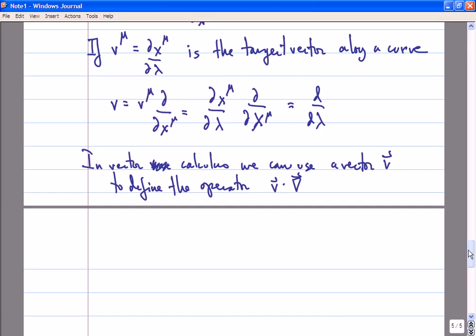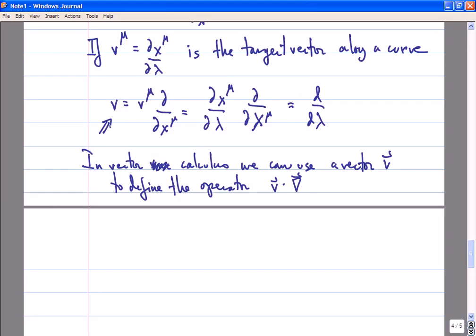So, I've actually done something rather subtle here when I wrote the symbol V equals V^μ ∂/∂x^μ. The reason is that I'm writing down an expression for a vector, V, but the expression over here doesn't actually have any indices.